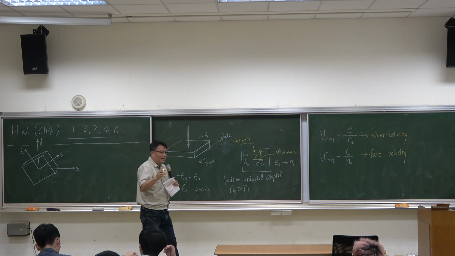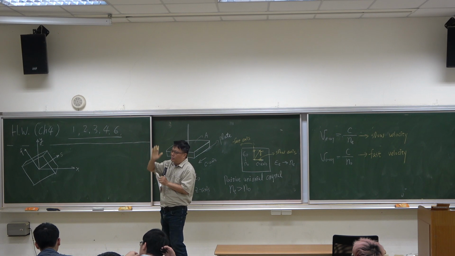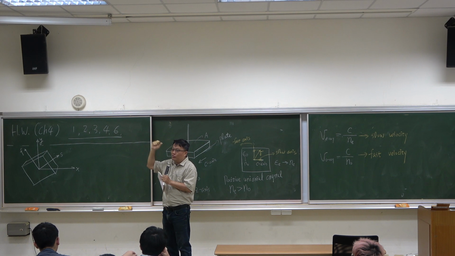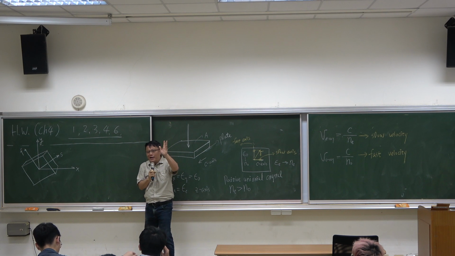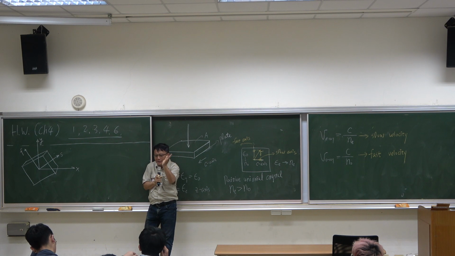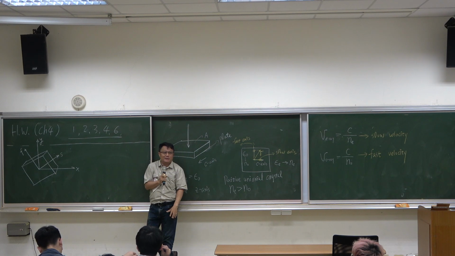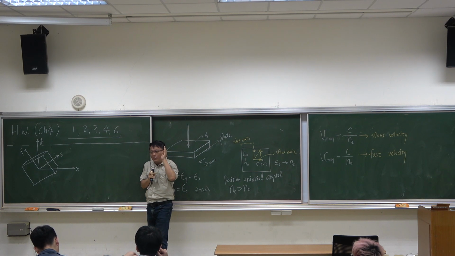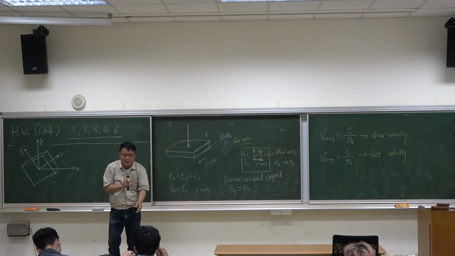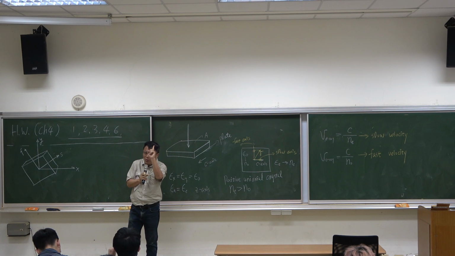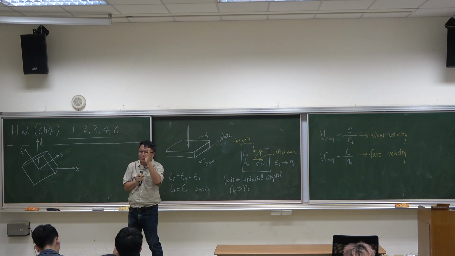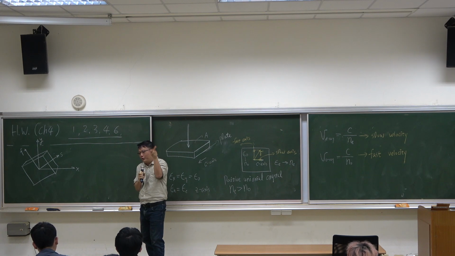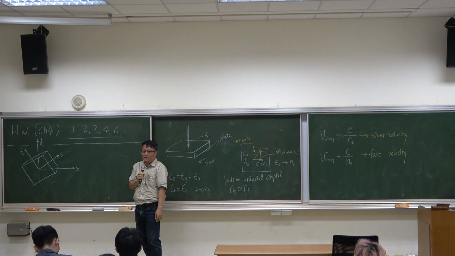For a biaxial crystal, the optical axis has a different direction from the principal axis. Okay, but for a uniaxial crystal, we have only one optical axis, and this one optical axis must be one of the three principal axes.